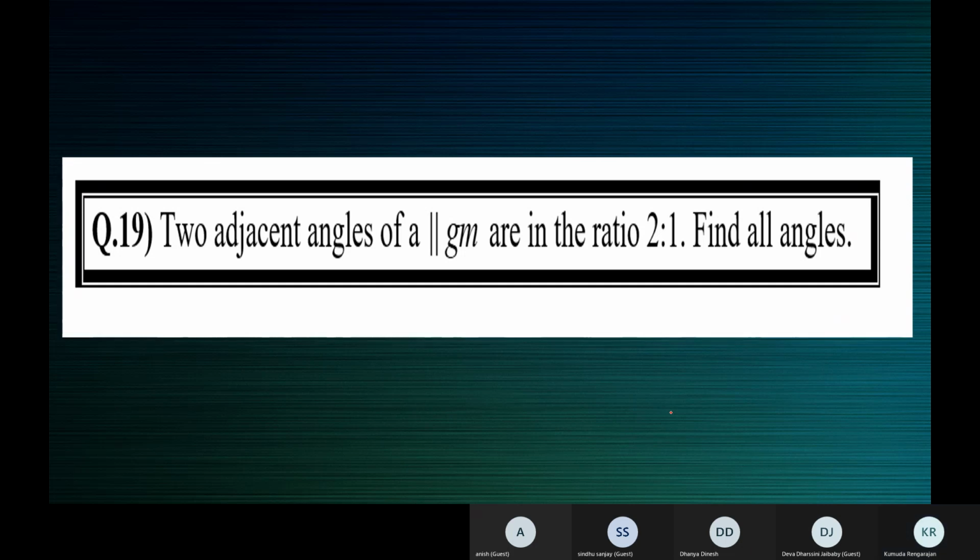Find all the angles. Try this, children.